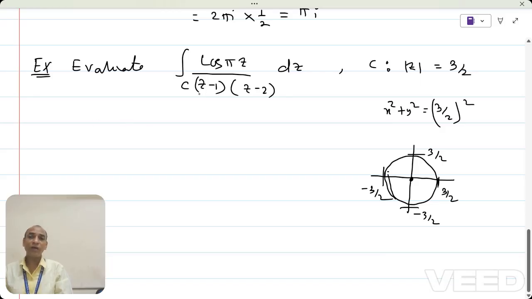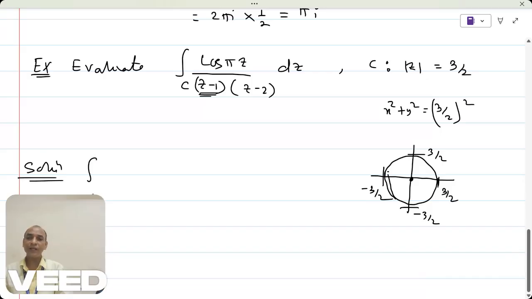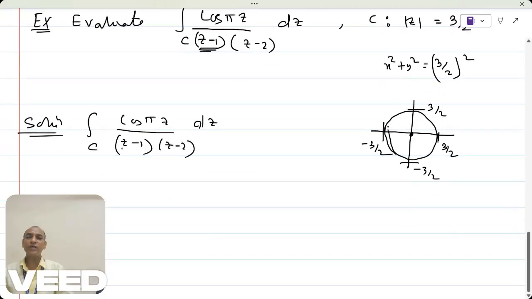Whenever I am taking this term into consideration, the remaining thing I will consider as f of z. So solution, let me find the solution. Integration over C cos pi z divided by (z minus 1) into (z minus 2) dz. Say I am going to write a single term.